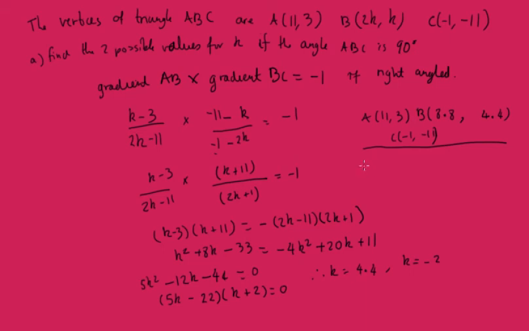Or we have A as 11, 3, B would be minus 4, minus 2, and C would be minus 1, minus 11.